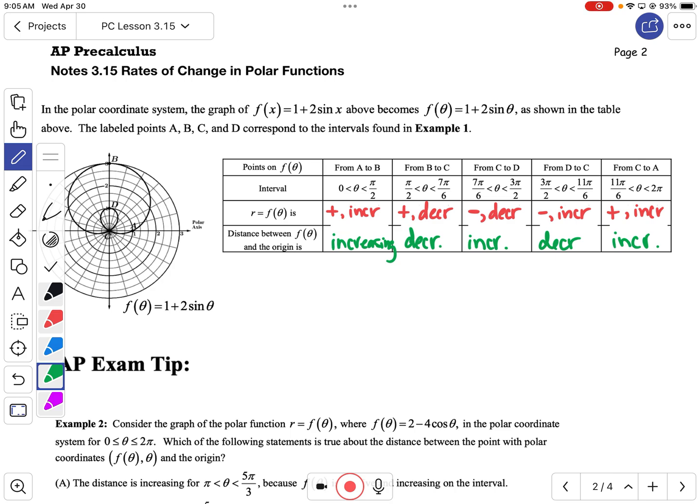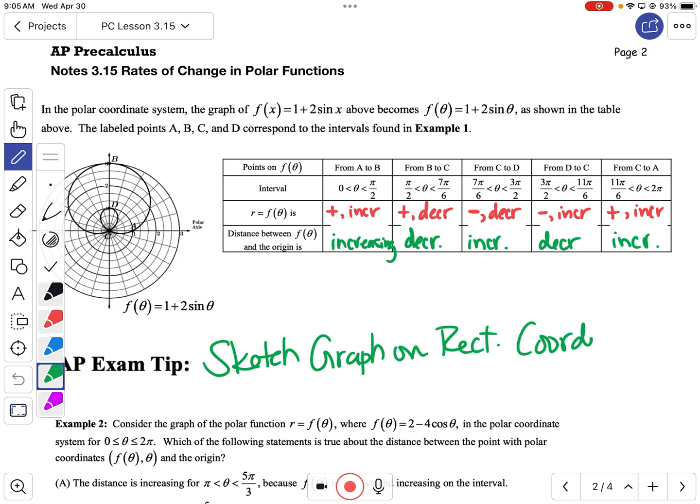Okay, so for your AP exam, your pro tip: graph it on the rectangular coordinate system. Sketch your graph on the rectangular coordinate system, and then look at your behavior.